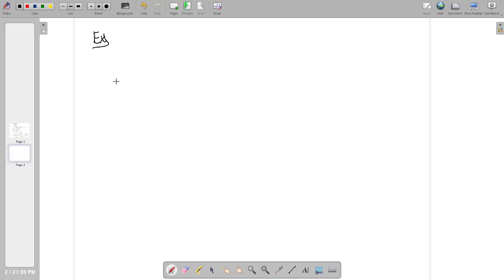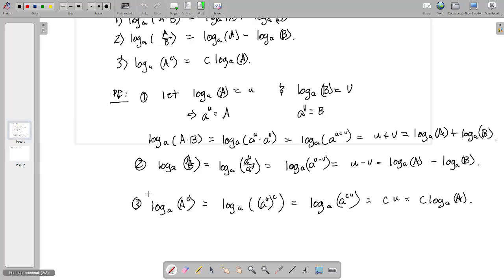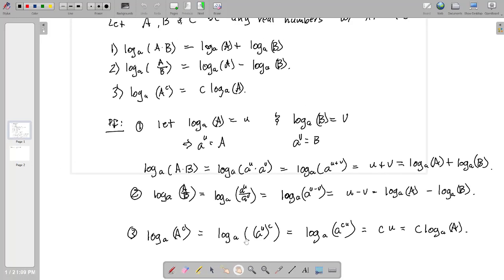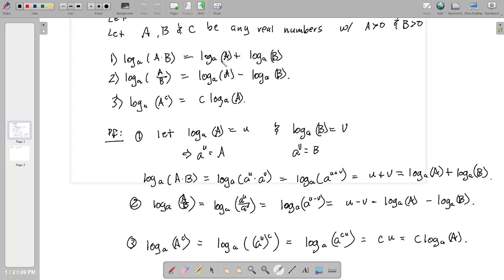Let's do an example here. Evaluate log base 6 of 4 plus log base 6 of 9. So how would we do this? Well, we go back to the previous properties and see what we can do when we have an addition of logarithms. Here we have log base a of A plus the log base a of B, where our base is the same a.